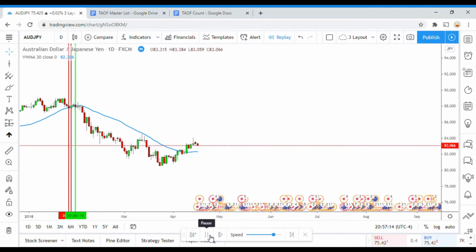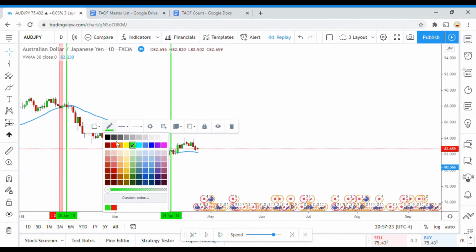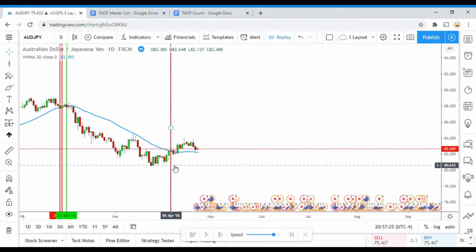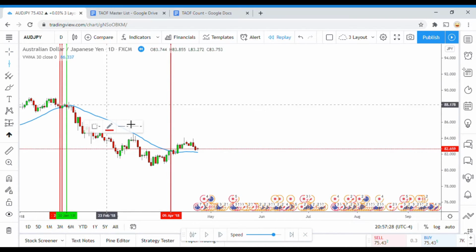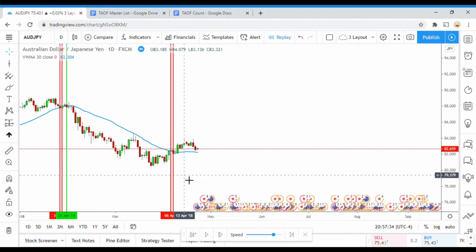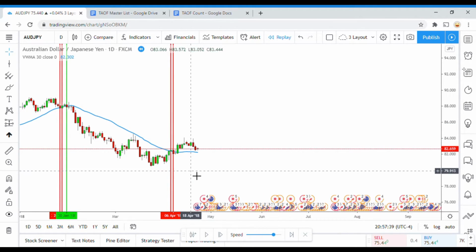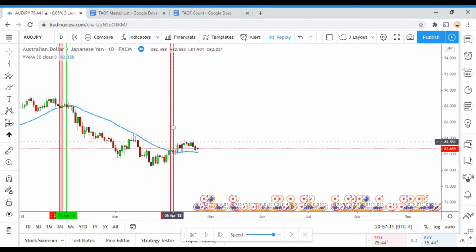The loss is rather insignificant, but you do often get these whipsaws in and out. It almost always happens when a pair gets close to a moving average. And I think that's because there is so much indecision at that point.